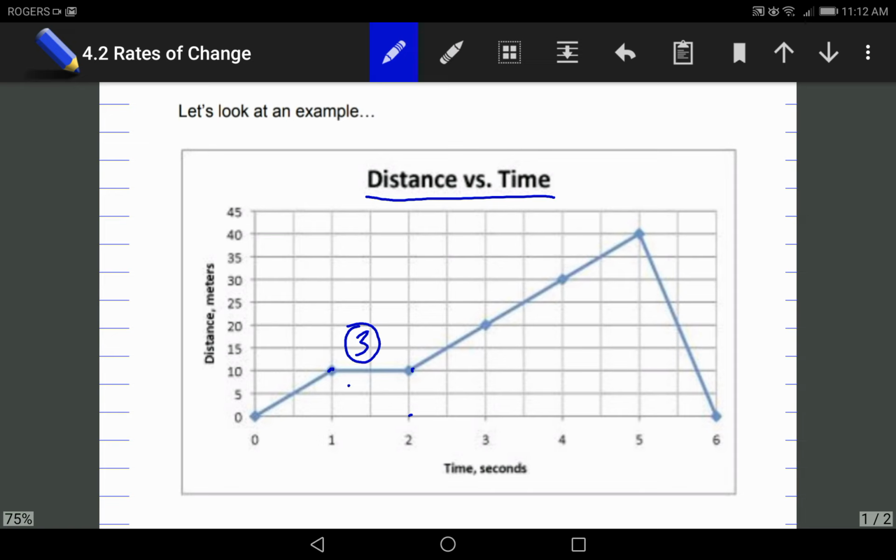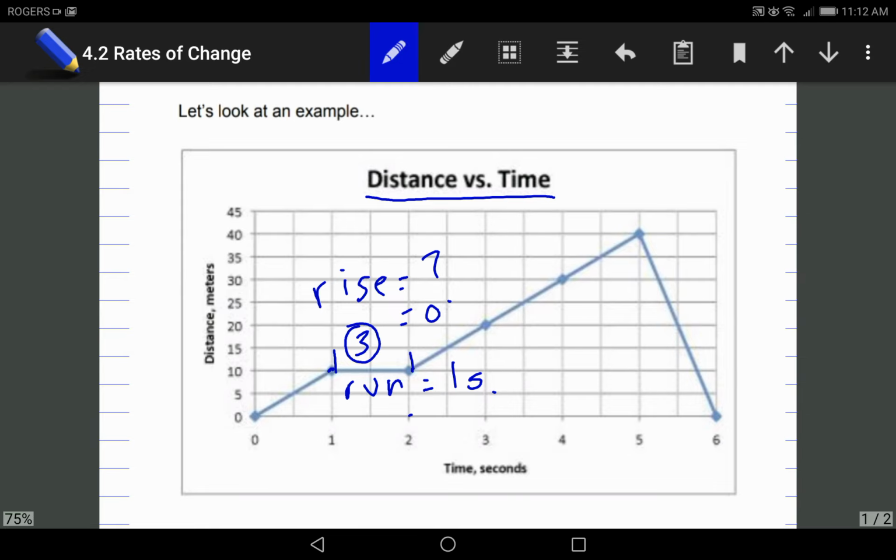All I see here is a run, right? Our run is still 1 second, but what is our rise? There is no rise. It is 0. It did not go up or down anything.